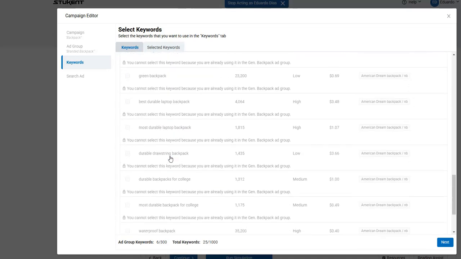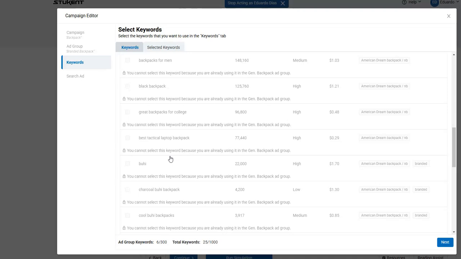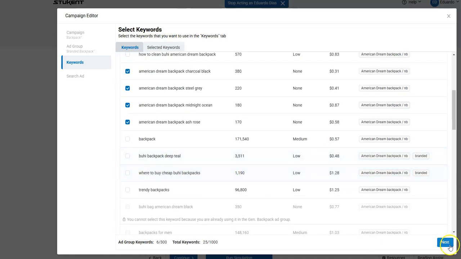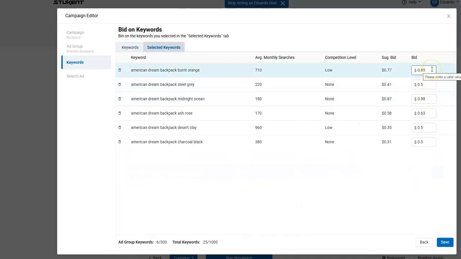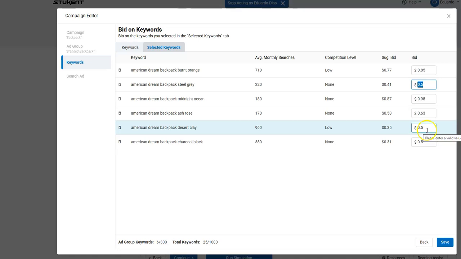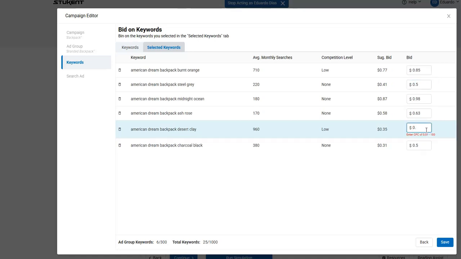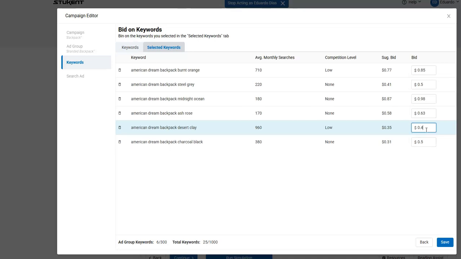The non-branded one, excuse me. The general one. So click on next, and we'll do the same thing here. 0.5, 0.8, 0.63. Like I said, these are not going to be huge traffic drivers, but I think it's good to have these in there.